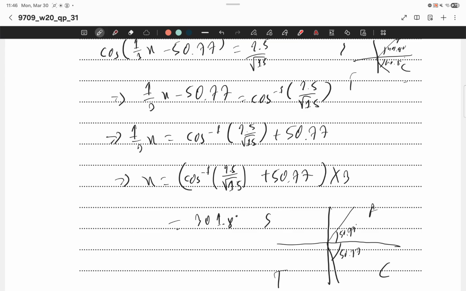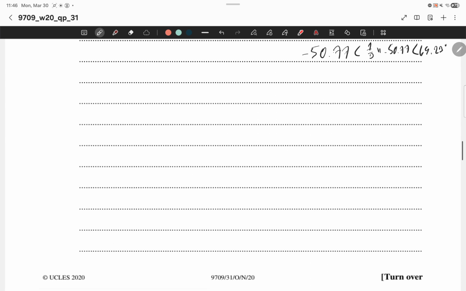Okay, so cos inverse of 2.5 by root 15, this is basically 49.80. Yeah, 49.80.